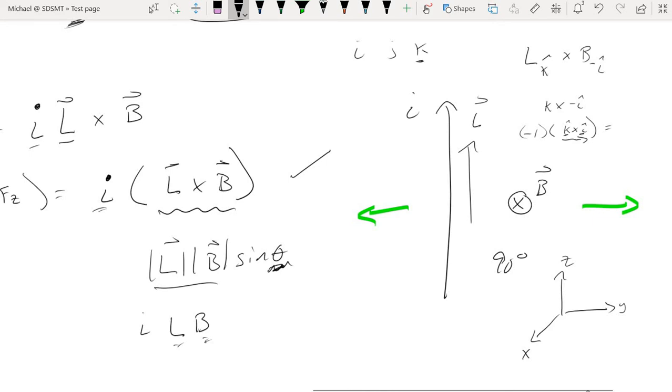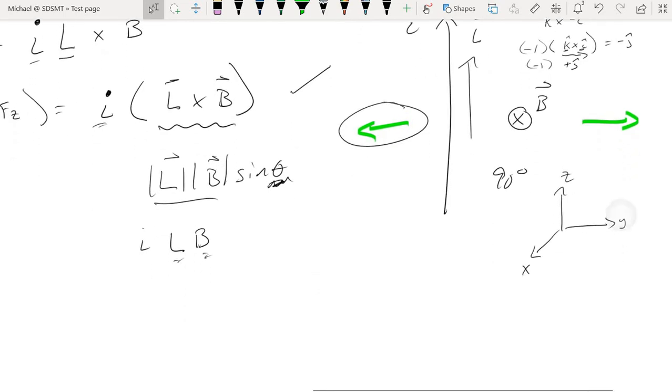We're starting at k and we have to go to i. Yep, we're going with the alphabet, so this is a positive j hat. We got the minus sign out front, so that turns it into a negative j hat, which means that the resulting force on this wire needs to be pointing in the negative j hat direction.